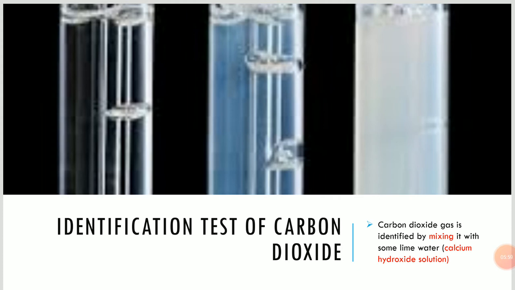When some colorless lime water is poured into a test tube of carbon dioxide, the lime water turns milky. This is due to the presence of white precipitate called calcium carbonate, which is insoluble in water, and the result is carbon dioxide turns lime water milky. Hope I am clear.